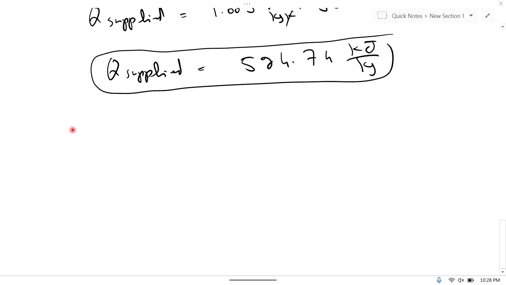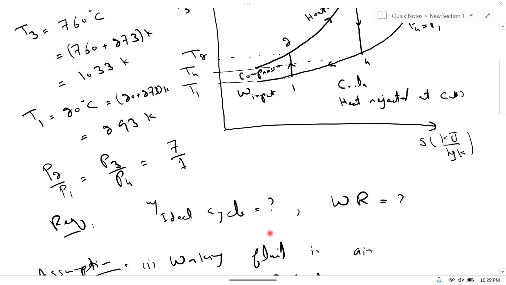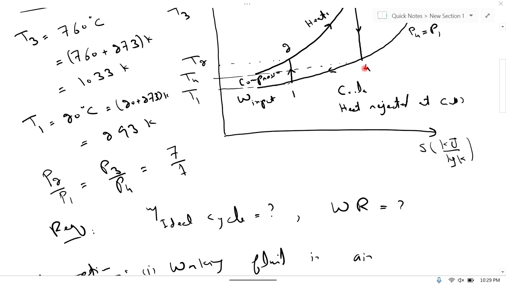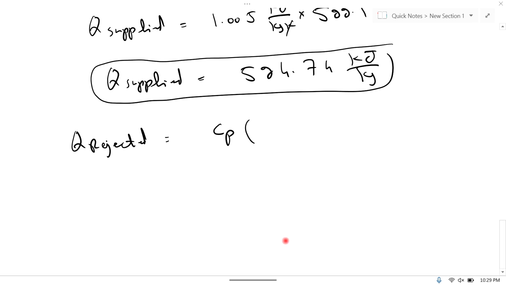Heat rejected in the condenser or cooler is equal to Cp, because in the cooler pressure is constant. This is the cooler, where heat is rejected at constant pressure from 4 to 1. So we write T1 minus T4. The answer will be negative; the negative sign means that it is heat rejected.